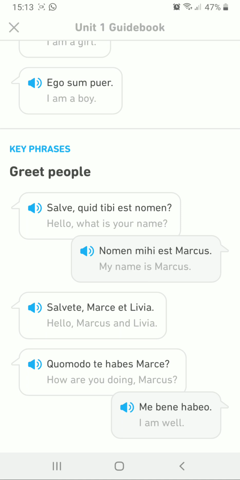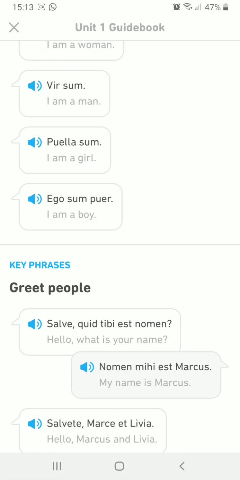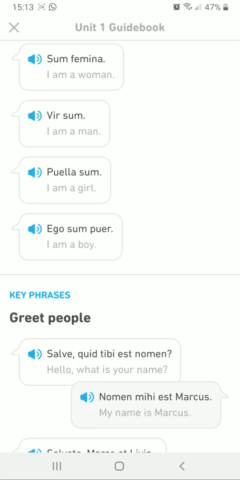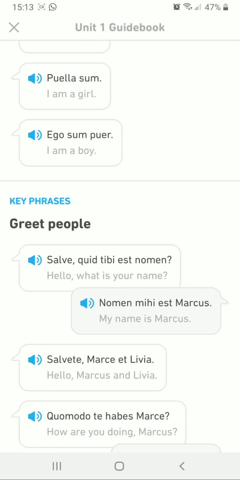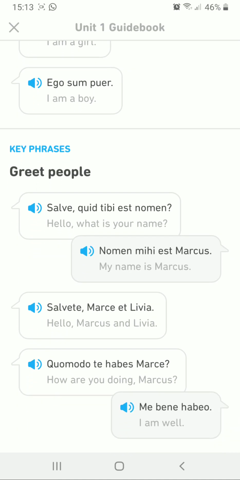So me is actually not I, because we saw it's ego. I am a boy, just right here, you see. I can actually use this. You can see that. Wow, that's amazing. Yeah, ego is I, the personal pronoun, but here we have me bene habeo, and it means I am well.